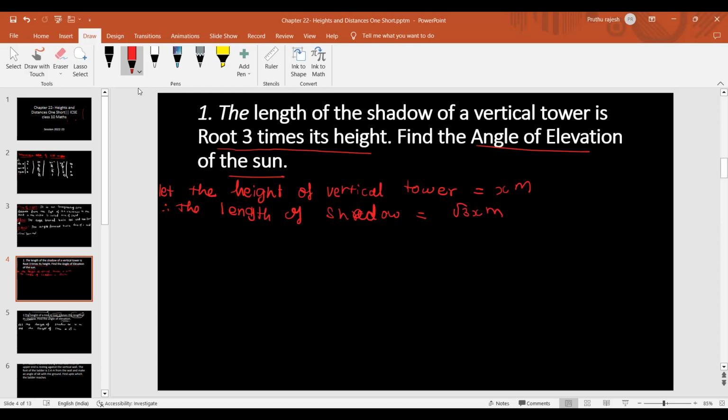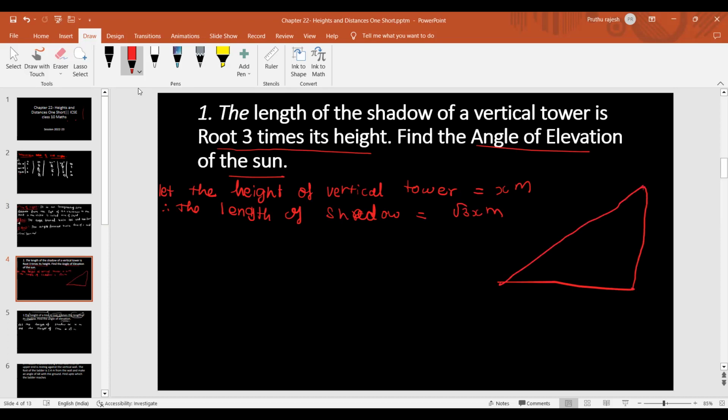So first we have to draw a diagram. The most important thing in heights and distances is that your diagram should be proper and perfect, or else you will tend to lose marks. This is just a rough diagram.